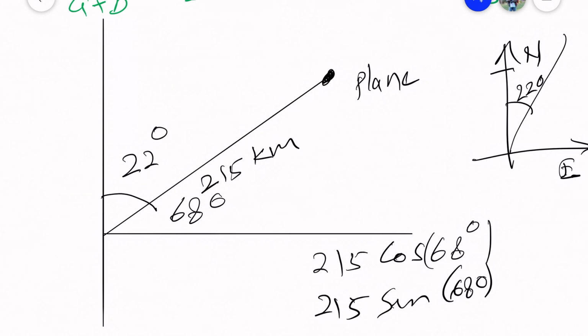This comes out to around 81 kilometers, and this comes out to around 200 something kilometers. So this is one simple question that you might be asked, which requires you to break them down.